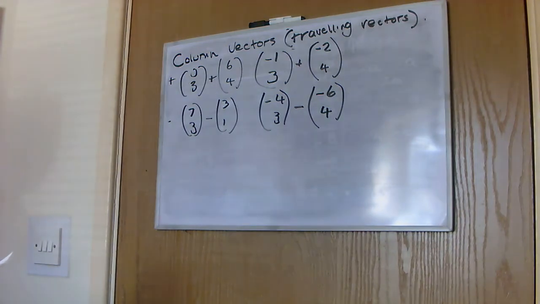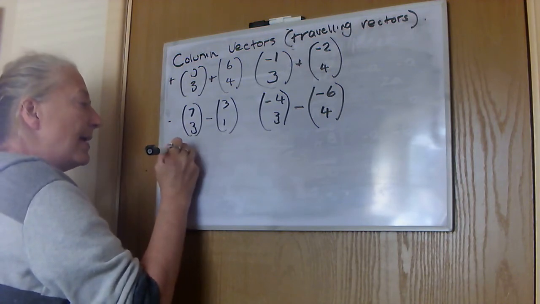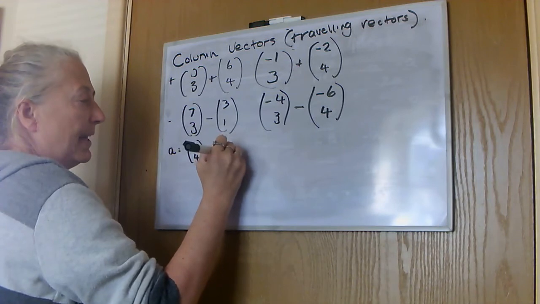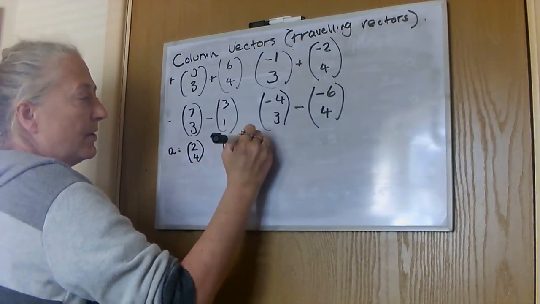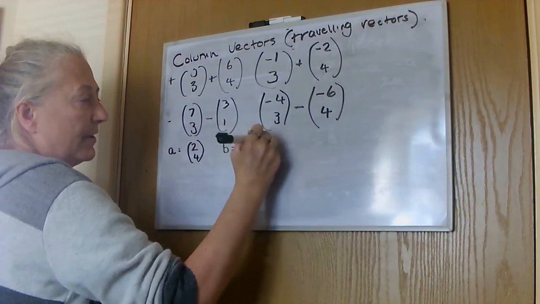Let's do A equals 2, 4, and B equals -3, minus 5.